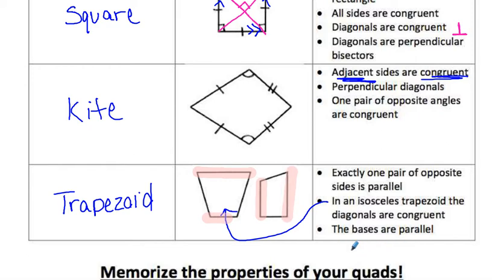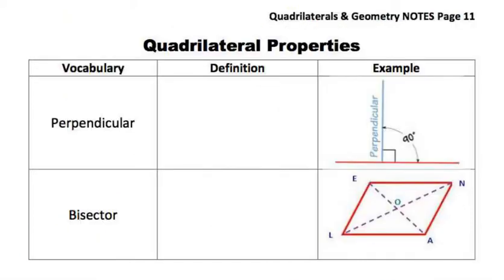And these are properties that you're going to need to memorize. This is not something that you can just learn overnight. You need to review your properties over and over and over again. So if we look at the next page, we have perpendicular as a vocabulary word.